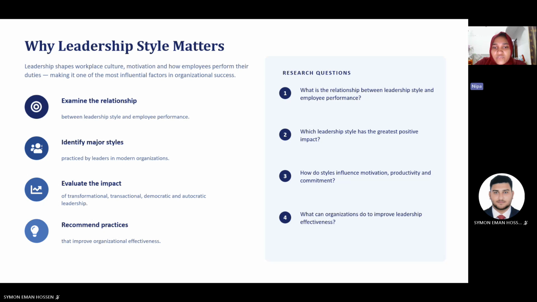Essentially, the same four objectives phrased as questions I tried to answer through the literature. You can summarize this slide by saying this study asks which leadership style helps employees perform best and what organizations should do about it.